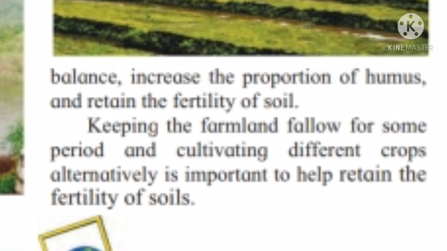Afforestation is also very much needed to hold the soil. And the most important is we should try to reduce the excessive use of chemical fertilizers and pesticides. Use of organic manures helps in maintaining the pH balance of the soil, and due to this it increases the proportion of humus and retains the fertility of the soil.